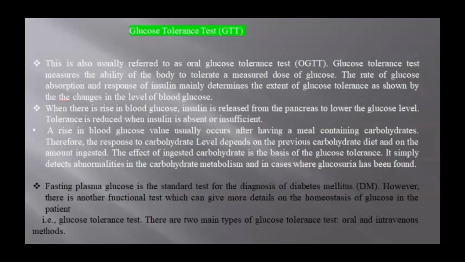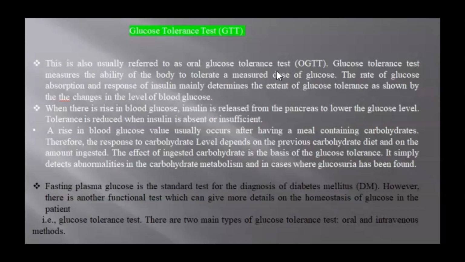Having given you the background, what is the glucose tolerance test, GTT? This is usually referred to as the oral glucose tolerance test. Glucose tolerance test measures the ability of the body to tolerate a major dose of glucose.